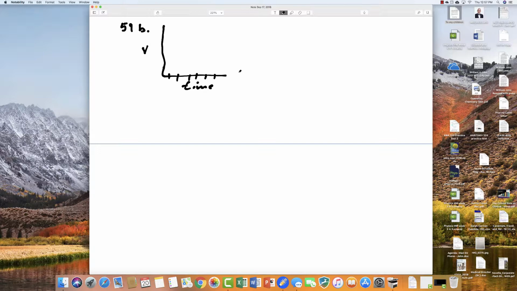So if we take the velocity time curve, at time 0, the velocity was 15. Time 5 seconds, it was 40. At time 10 seconds, it was 65. And you draw a line, and actually it ends up being a straight line.